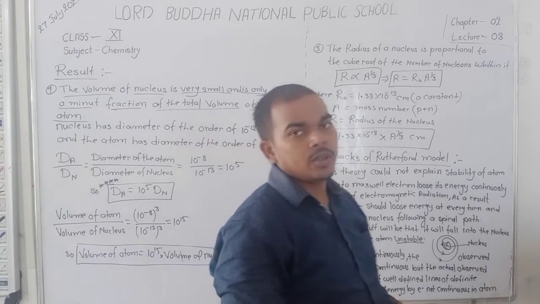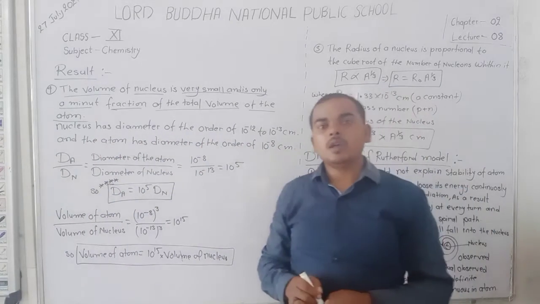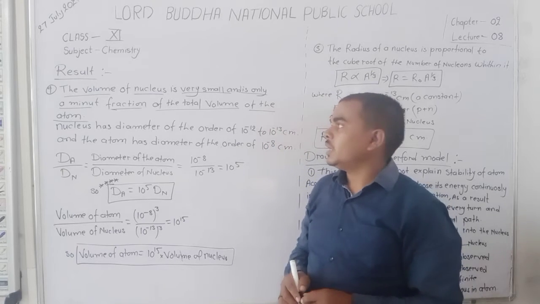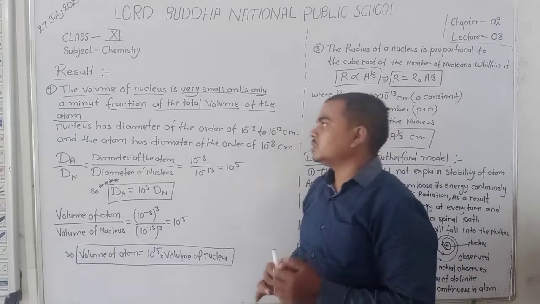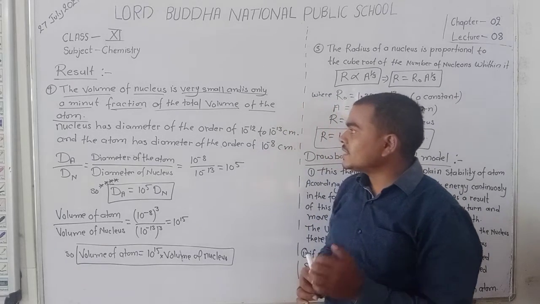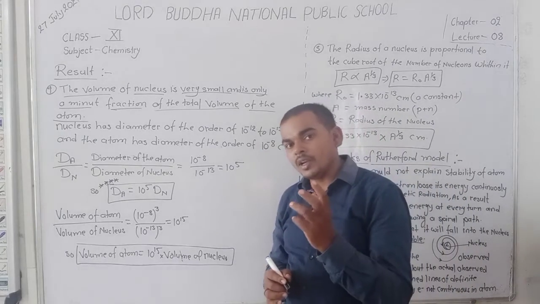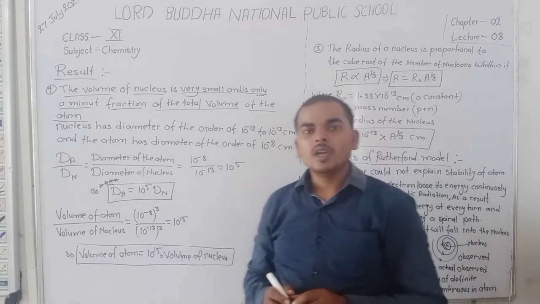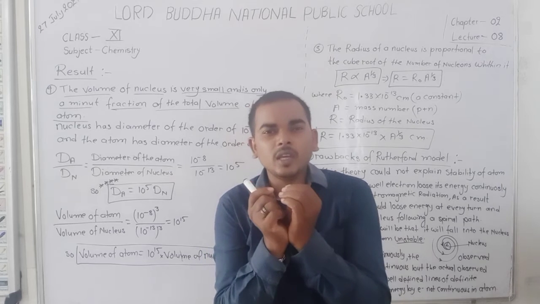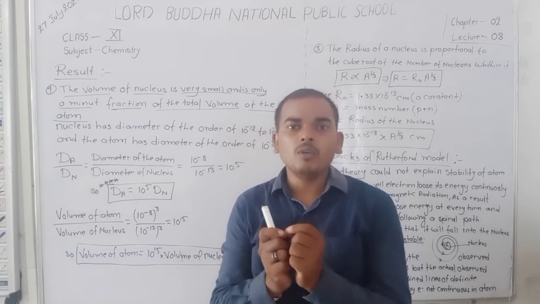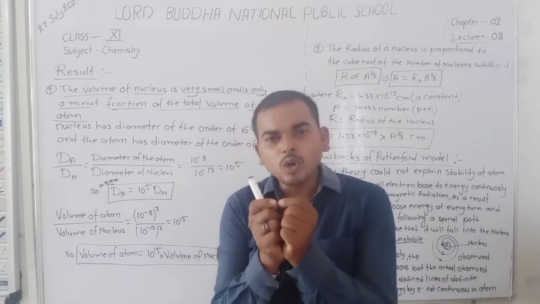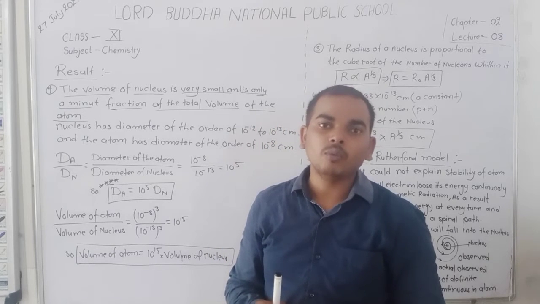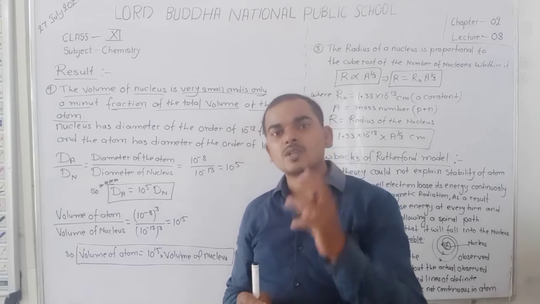Dear student, according to Rutherford's observation, Rutherford came to the result that the nucleus of any atom is very small. The volume of the nucleus of any atom is very small as compared to the volume of the whole atom.